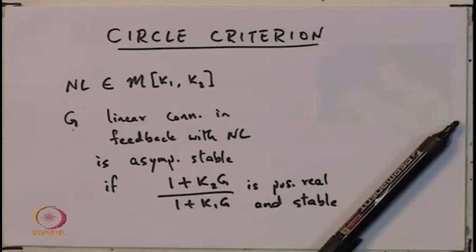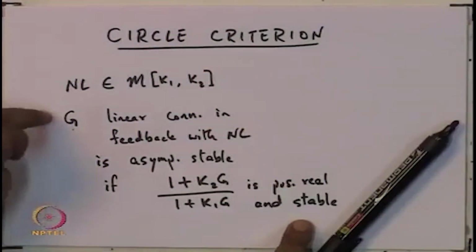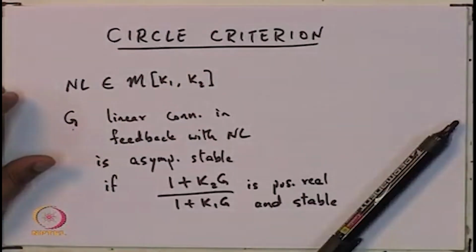Now, is there a way to check whether 1 plus K 2 G upon 1 plus K 1 G is positive real, but still use the Nyquist plot of the original G? It turns out that this is possible. And this way of predicting whether 1 plus K 2 G upon 1 plus K 1 G is positive real and stable by using the Nyquist plot of G, this is what the circle criterion is.